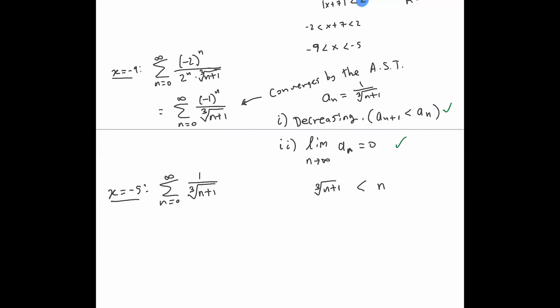If you look at the graph for that, one of them is like the cube root, and the other one is n, something like that. You can do some examples, like what if 64? Then the cube root of 64 is 4. So definitely. And then the reciprocals, 1 over the cube root of n plus 1 and 1 over n, have the reverse inequality. So it will be like that.